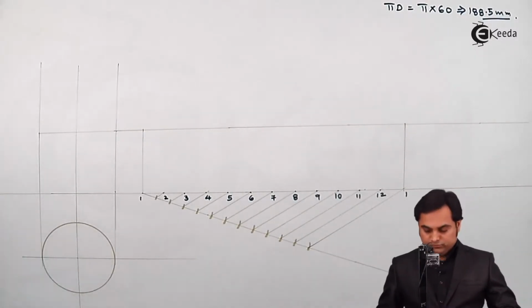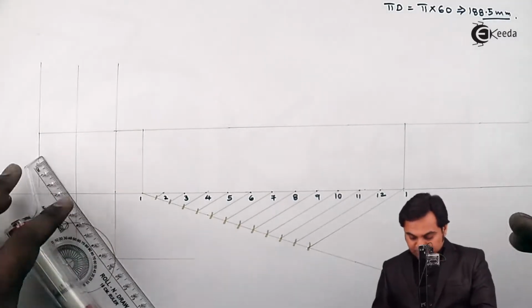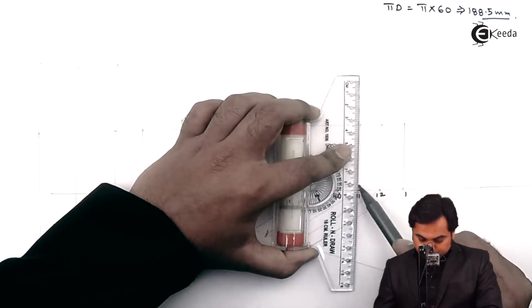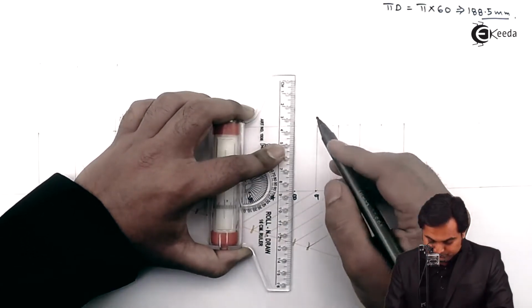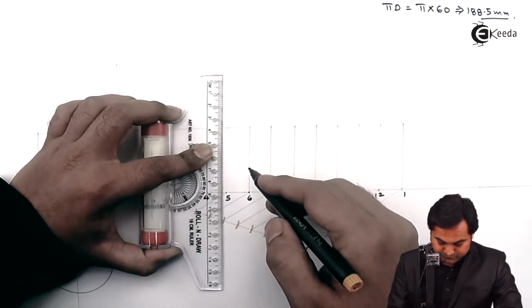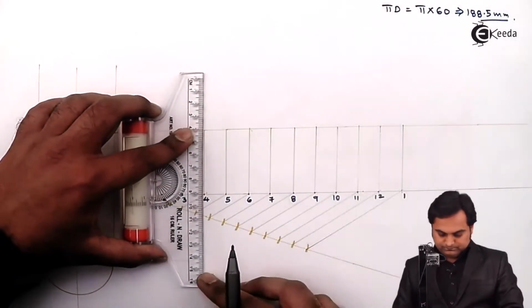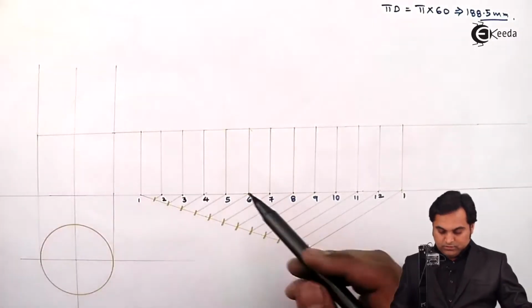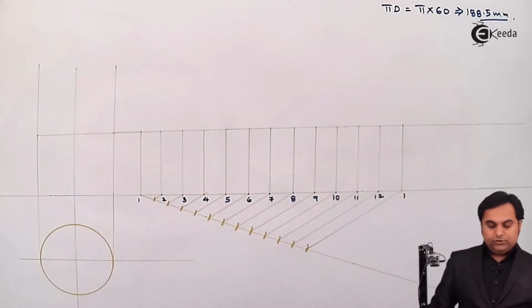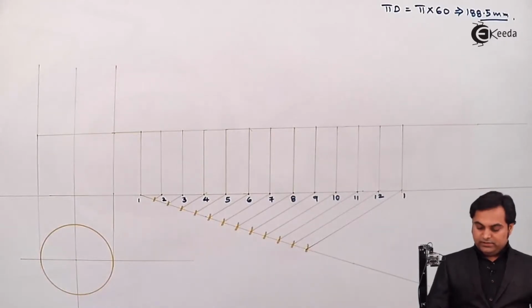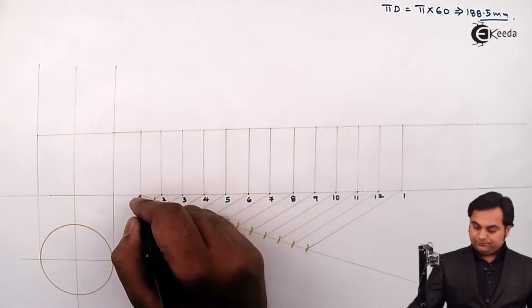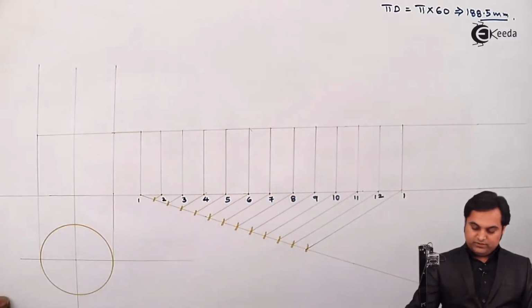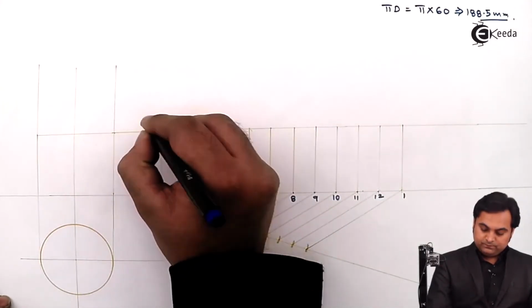Then to draw the helix, I'll transfer these points upwards. So passing the divisions here. Then in order to get the helix, here I will be connecting this point 1 up to the top, giving the notations here as well.